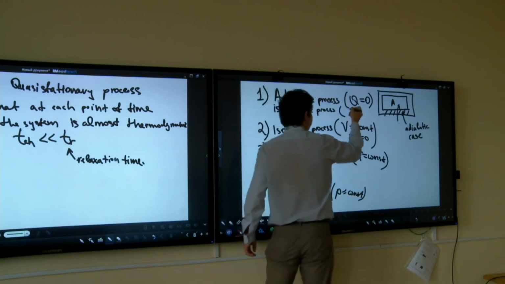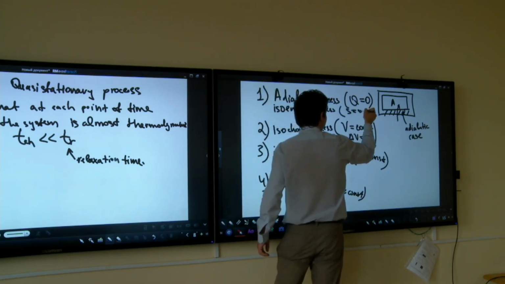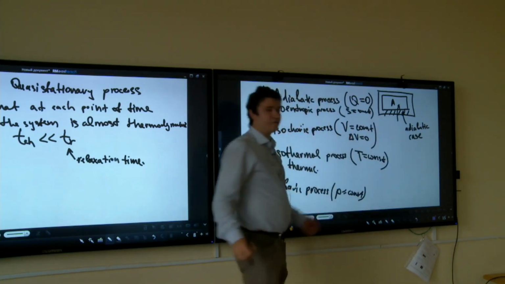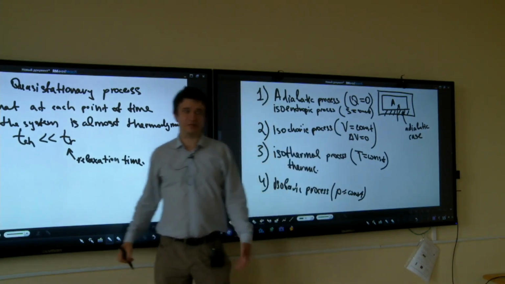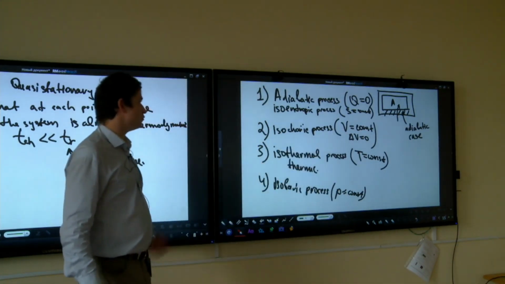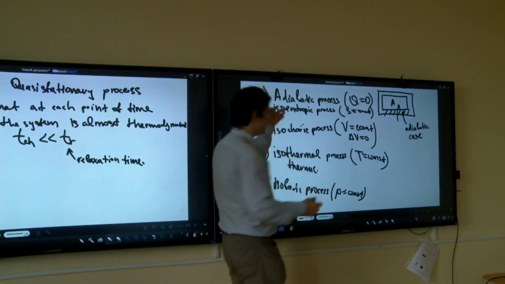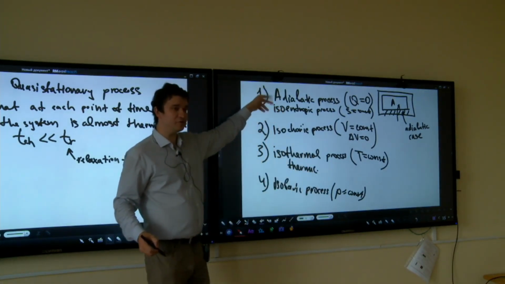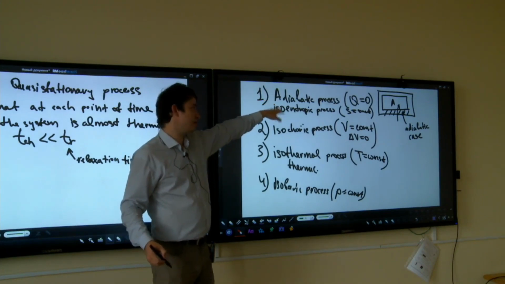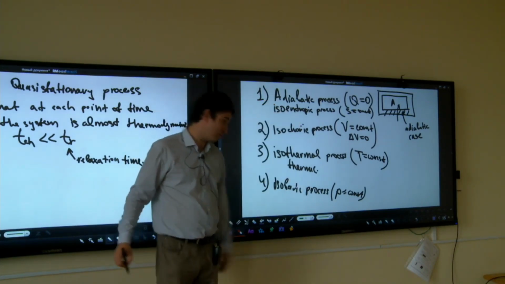That means that you have constant entropy. Well, so far I have not introduced what entropy actually is, but that's for the following lectures. But these two terms can be used interchangeably. So I can say adiabatic, it can also be isentropic.